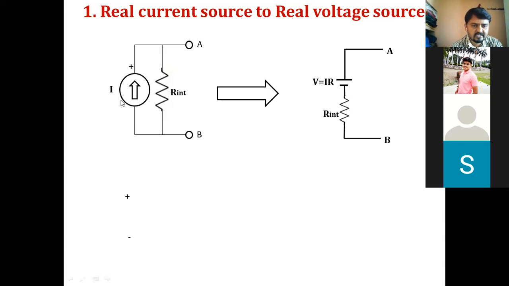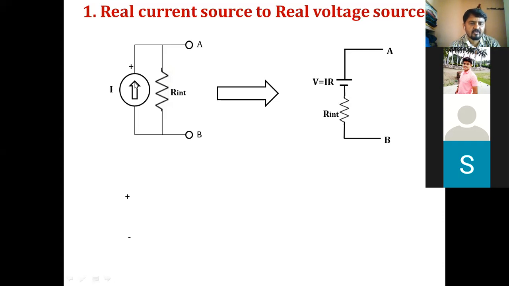Here the current source is the ideal current source in parallel with internal resistance. These two in combination are the real current source. This one we have to convert into a voltage source. For the voltage source we have to identify the current and write it in the form of V. This resistance we have to write in series.